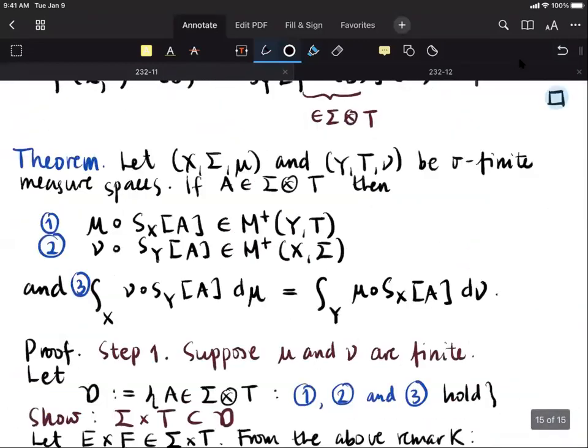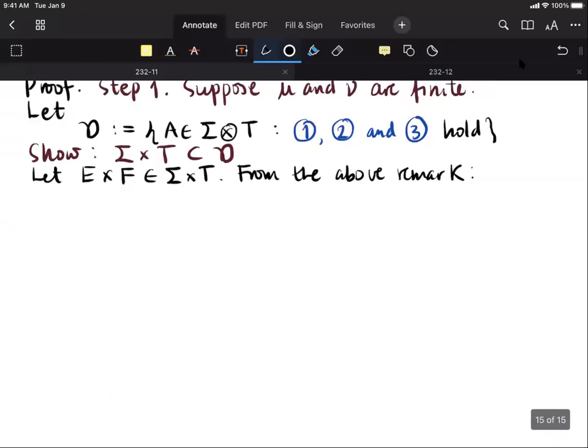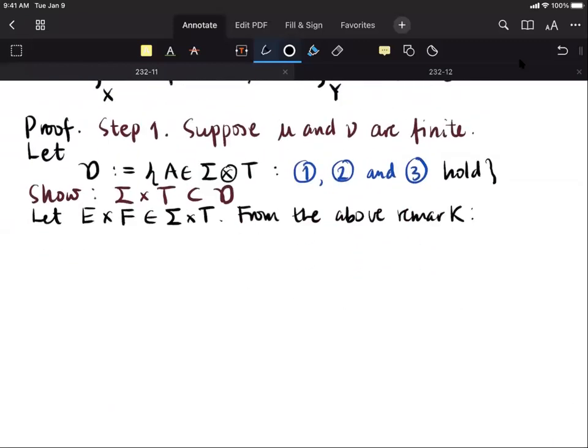And this means that the composition of this, we have here E cross F, is equal to the measure of F with respect to nu times the characteristic function of E. Since when you evaluate in x, this is either 0 or 1, depending on whether x is in E or not.